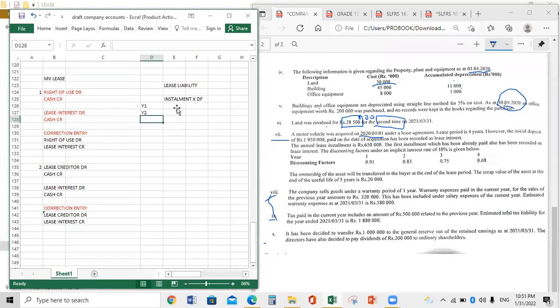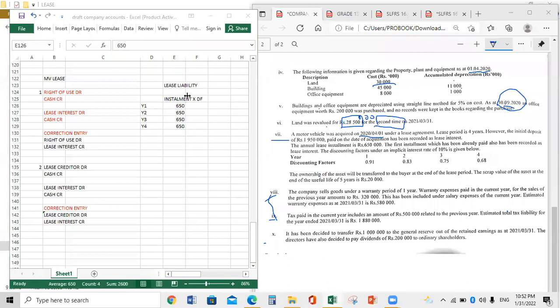You should find the present value. The installment will never change. It's fixed at 650. Multiply it by the discount factor.